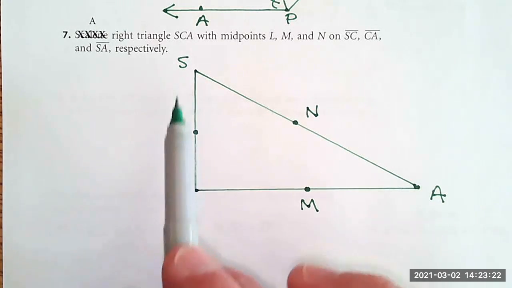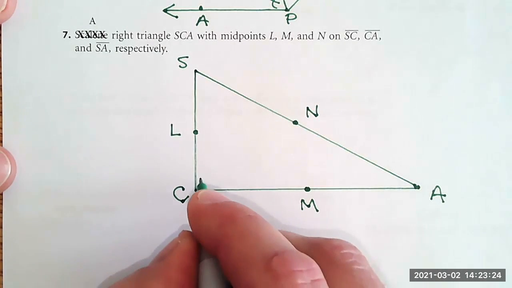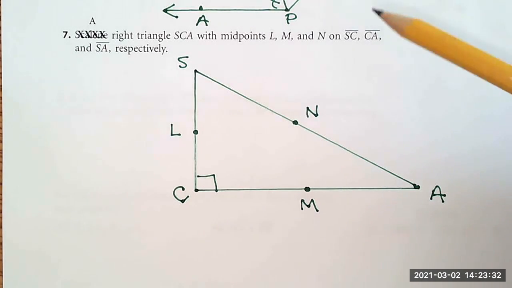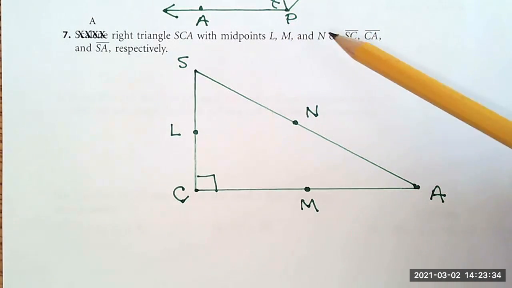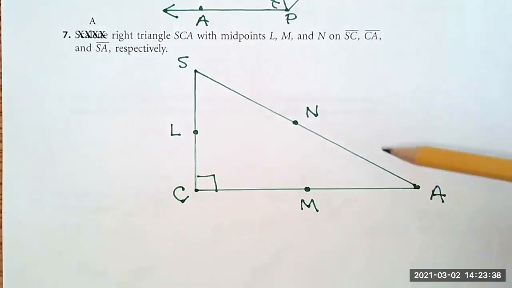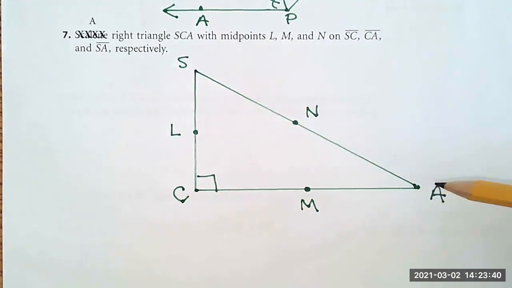So here's your basic triangle. It's a right triangle. I'm going to denote right by making C, angle C, a right angle. And it says that midpoints, L, M, and N, midpoint is defined as a point that's equidistant from the endpoints of the same segment.